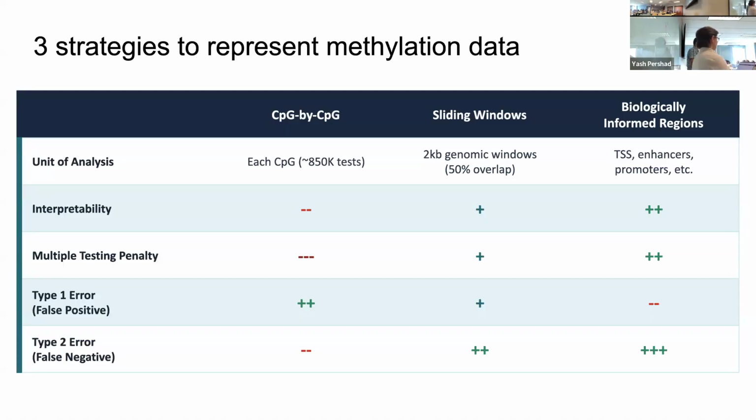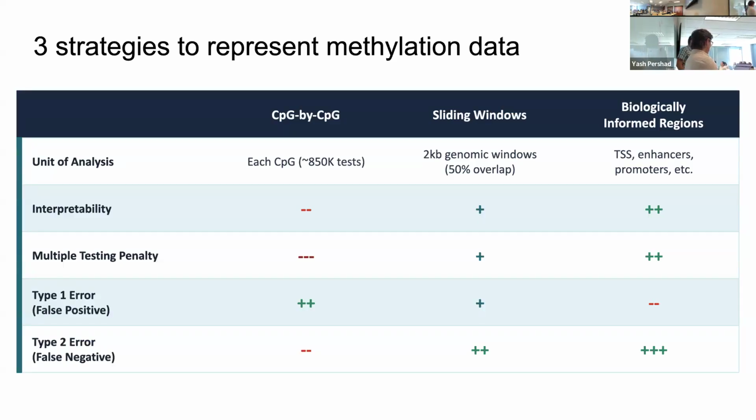Instead of a row of your beta matrix being chromosome 1, position 10, which is a cytosine, it would be chromosome 1, position 10 to position 2010. The methylation fraction is the median or mean of all the CpGs within that window, which can be a variable number of CpGs, because they're not equally spaced across the genome. There are sections that have lots of CpGs and sections that don't.